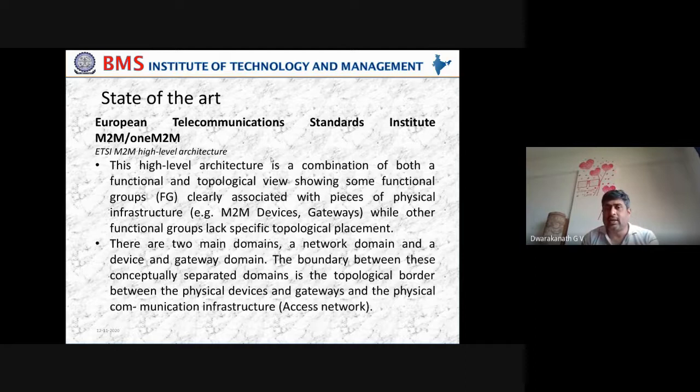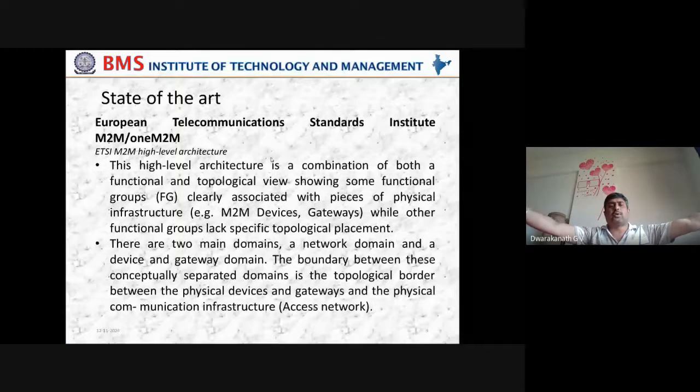That's why they are identifying a boundary, that means a topological placement, a boundary between the physical devices and gateways and the communication infrastructure. Assume that I want to place my project in some 1 kilometer area. In that 1 kilometer, device connecting network is very important for me.